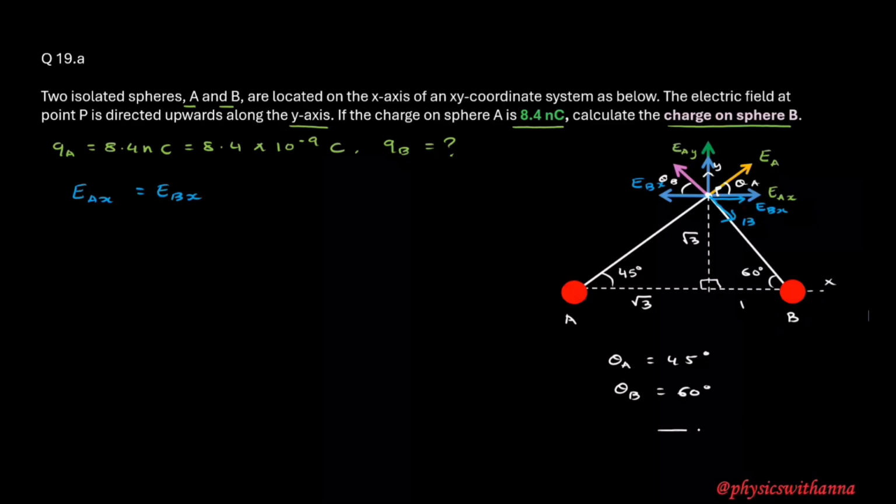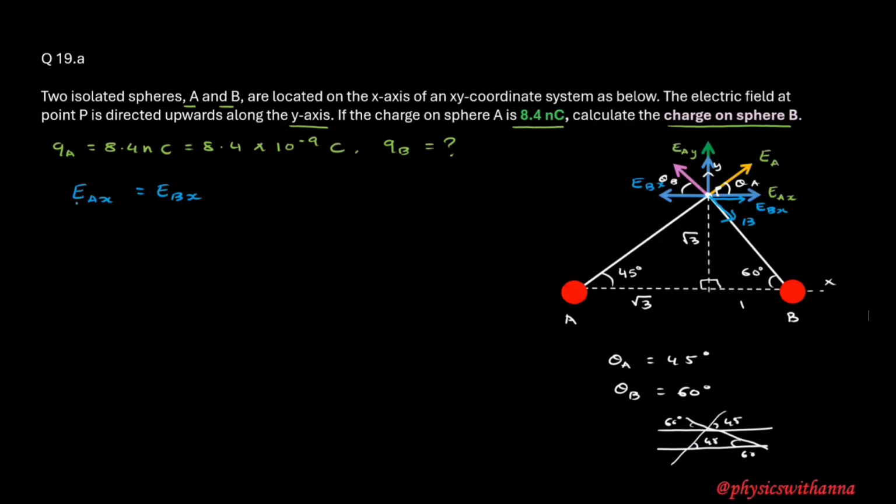Because these are formed between two parallel lines with an intercept. So if this angle is 45, this also has to be 45. Whereas for the other part, if this is 60, this one also has to be 60 because they form a pair of corresponding angles.